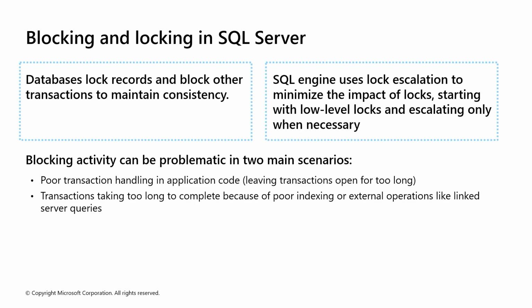SQL Server employs lock escalation, beginning with fine-grained locks and escalating only when necessary to reduce overhead. However, blocking can degrade performance when transactions are poorly handled, either left open too long due to application logic or slowed by inefficient indexing or external operations like linked server queries.